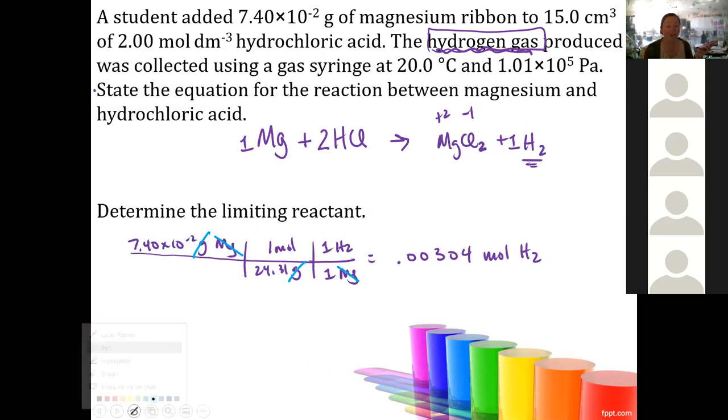Let's do the same thing for our hydrochloric acid, but its concentration, which is kind of weird. So I've got 15 cubic centimeters of this 2 moles per cubic decimeter concentration hydrochloric acid. How am I going to figure out moles from that information?